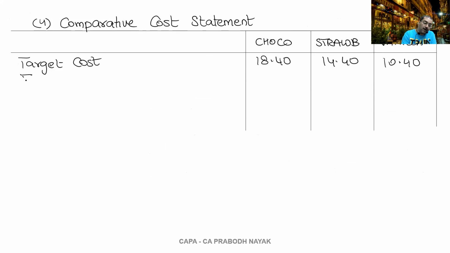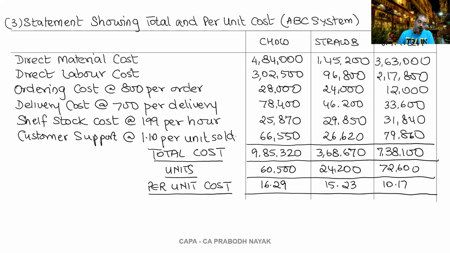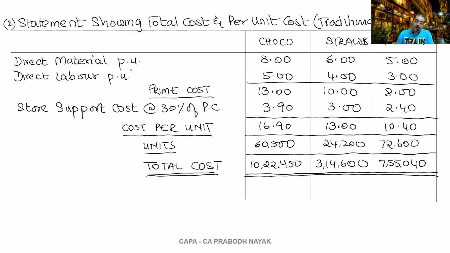Second, we calculated traditional cost. Traditional cost 16.9, 13 and 10.4.